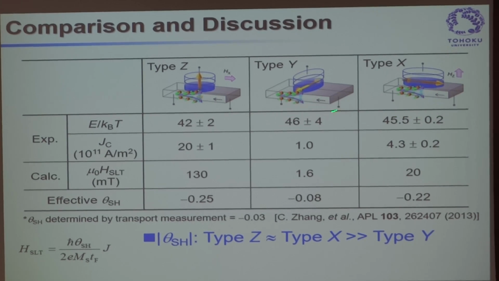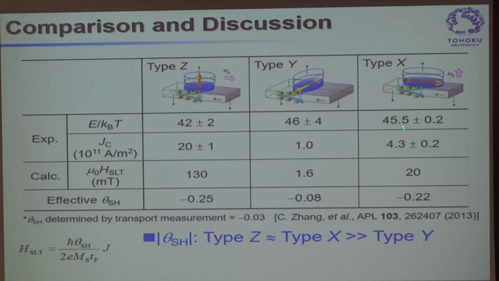Well, this is of no surprise because we're making basically the same device, but with 90 degrees rotation. The threshold current experimentally observed for this one is approximately 1 times 10 to the 11 amps per square centimeter. And this is comparable to what you would expect from the known spin Hall angle. So this is no surprise.